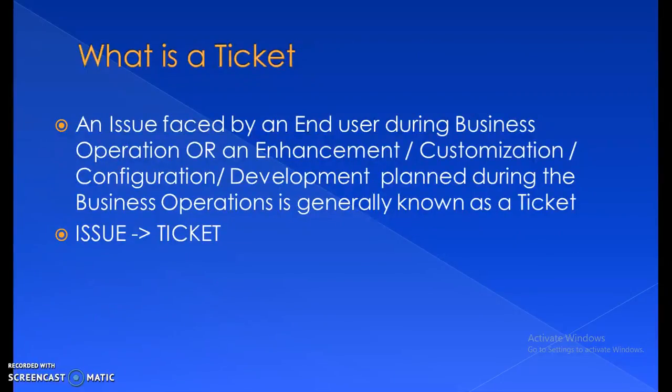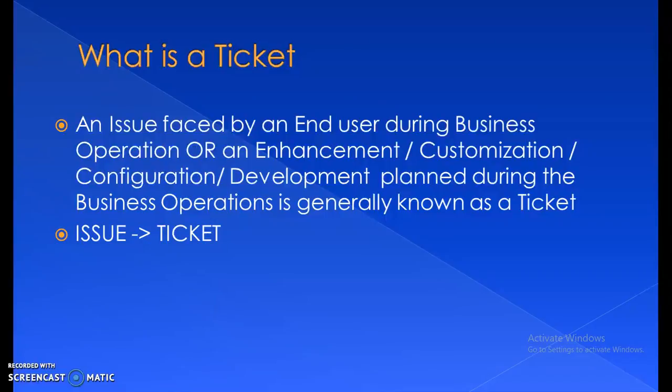Now, what exactly is a ticket? The issue which we are talking about, which end users get during the business process, is called a ticket. So an issue faced by an end user during business operations, or an enhancement, customization, configuration, development planned during the business operations, is generally known as a ticket.